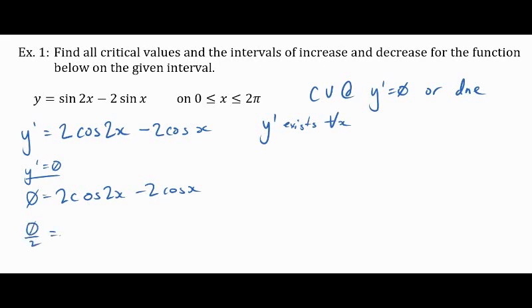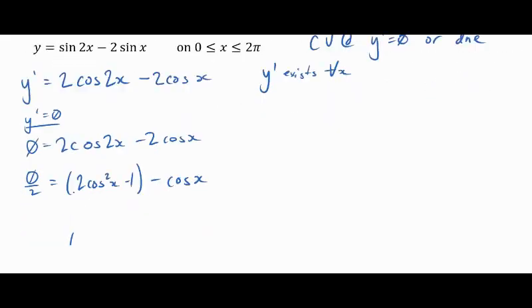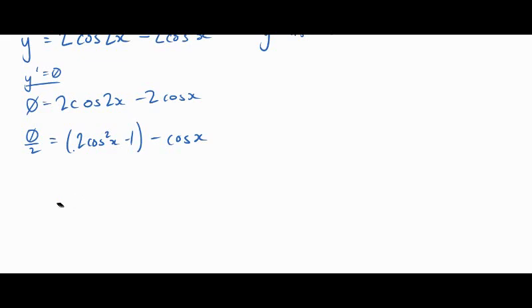So one of the identities for cos 2x is 2 cos squared x minus 1 minus cos x. Remember, I divided out the 2. And then I get 2 cos, whoops, that 2's in the wrong place.